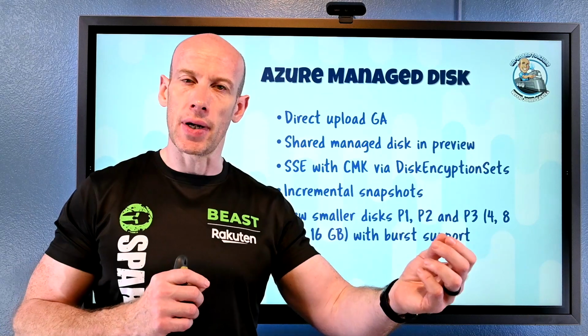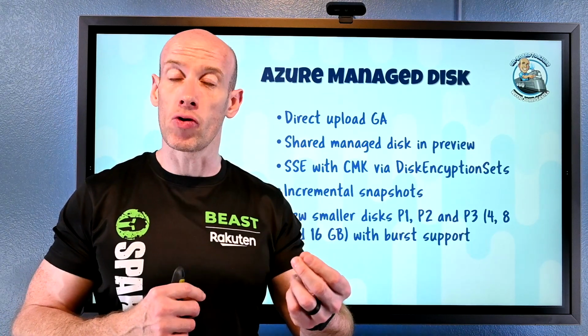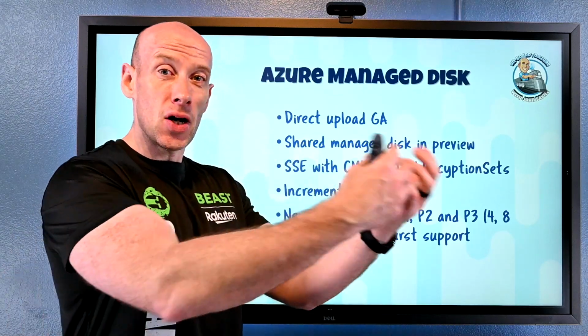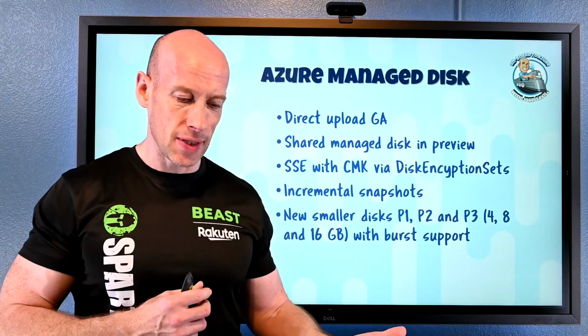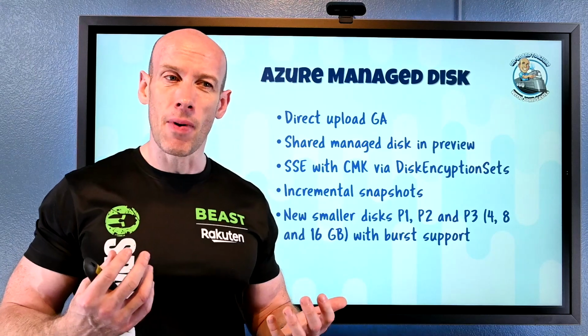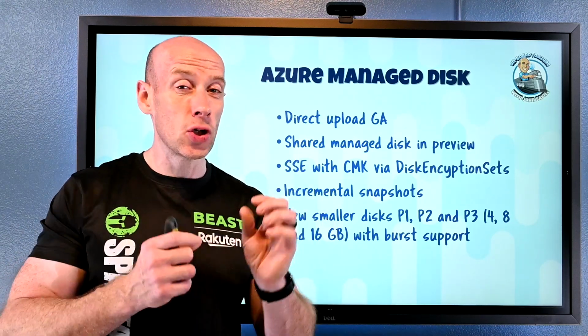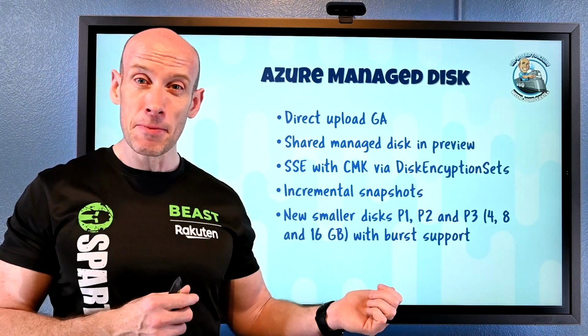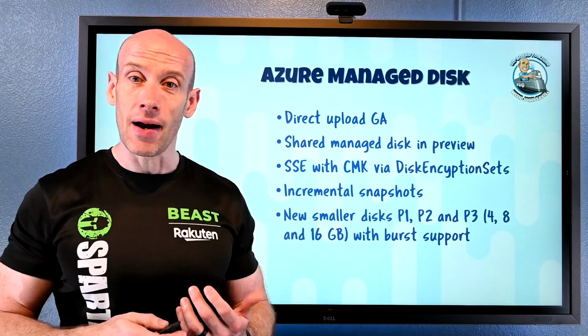I accrue IOPS credit. I accrue throughput credit. And then once I've accrued that credit, if I get a busier time, I can burst up to, I think it's 3,500 IOPS. I can burst up to 170 megabytes for up to 30 minutes or until the credit I've accrued has run out. So it's kind of a cool capability that I have these bursting.